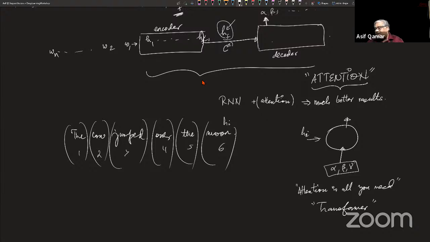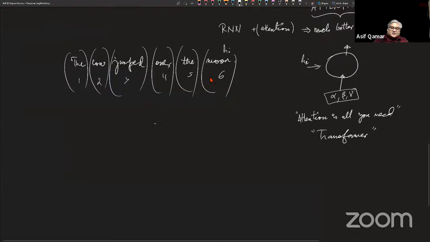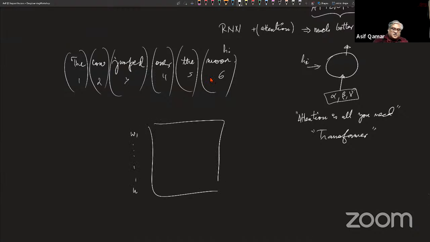If you can do that, then imagine you feed all of these words into the box at the same time, say there are n words. What you do is come up with these hidden states, the H1, H2, and so on, except that the idea is taken a bit further.